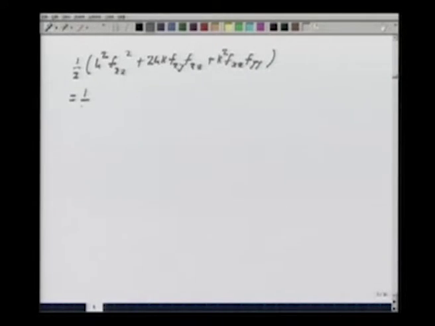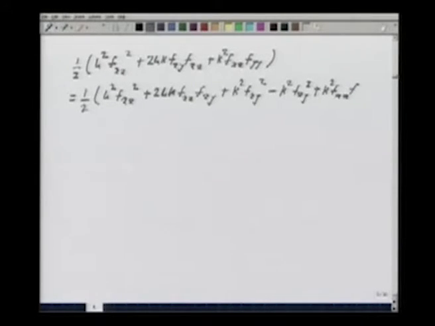This can be written again as half h square fxx square plus twice hk fxx into fxy plus k square fxy square minus k square fxy square, then plus the remaining term k square fxx times fyy.